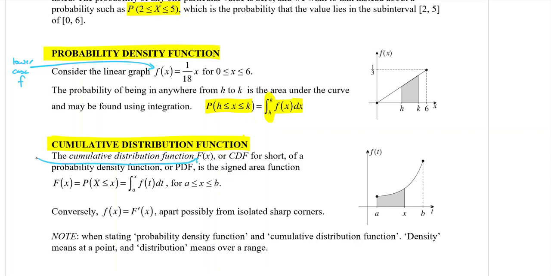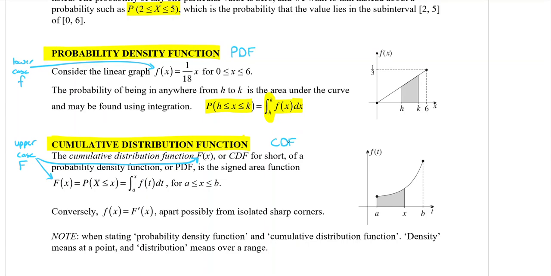Notice we're changing to a capital here, and you can see it in the formula. We can call it CDF for short. The probability density function is PDF, and the cumulative distribution function is CDF.